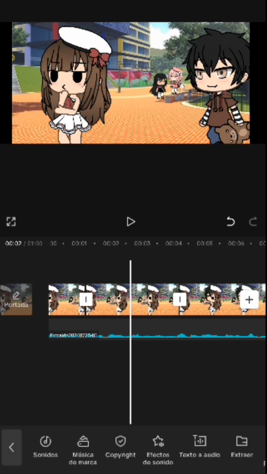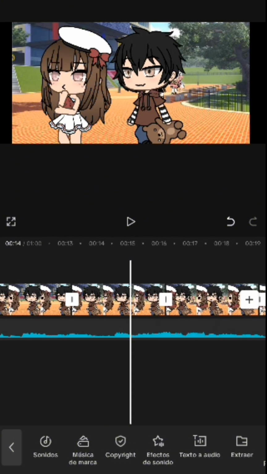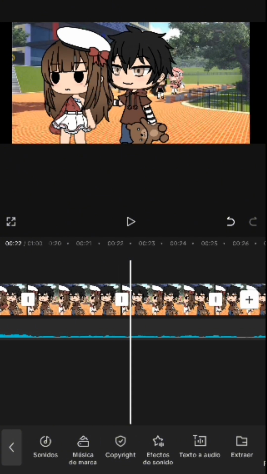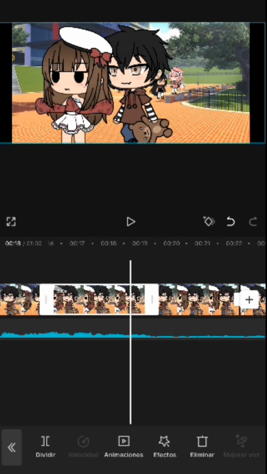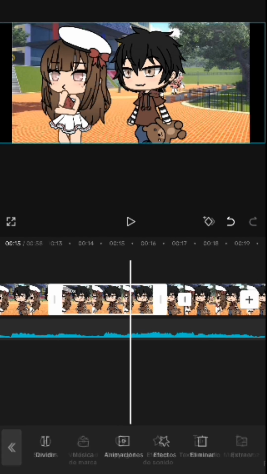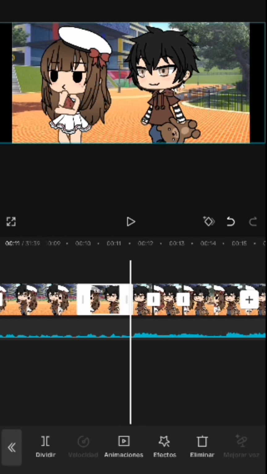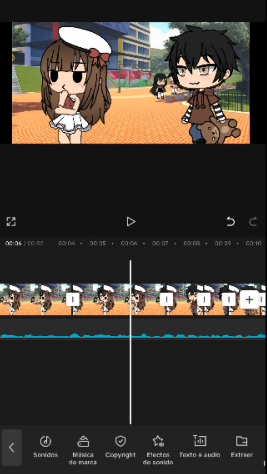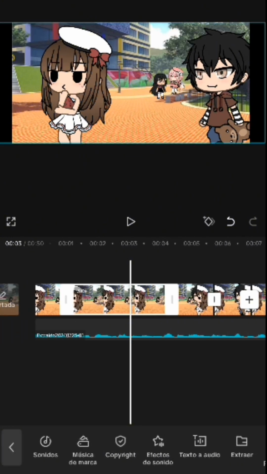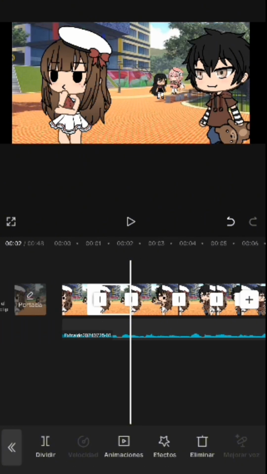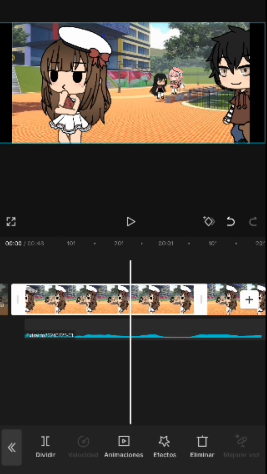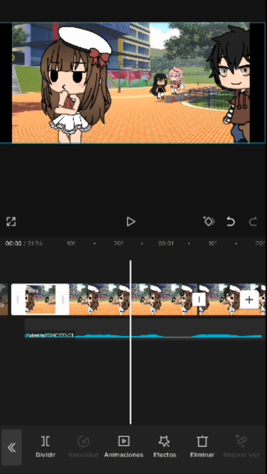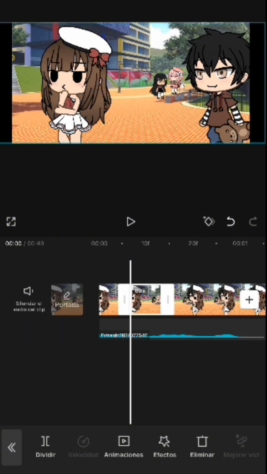When they're walking or making movements with their hands, or maybe depending on their expression, I like to make them really short, like 0.2, I think. That way the spaces between this scene and that scene are not too long, but not too short either.